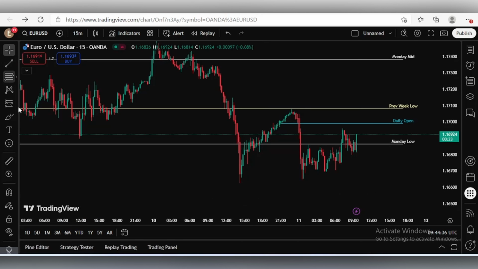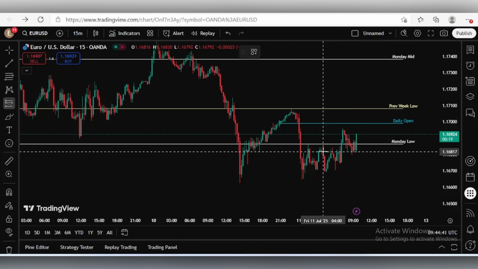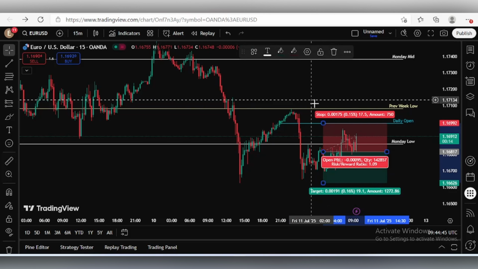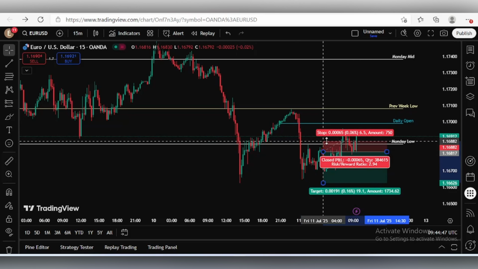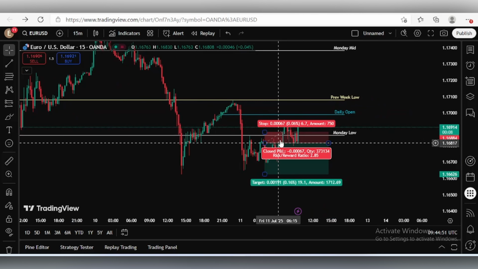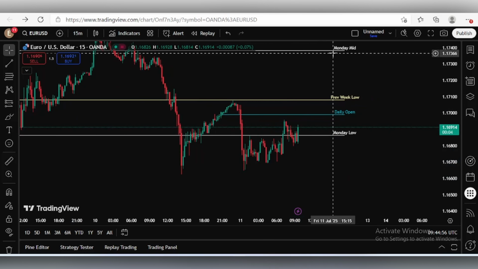Some people might say, since there's no actual take profit region, I'm just going to take my profit at the previous low, which is also meaningful. But at the end of the day, you see that you still lose money in this trade. So it doesn't really make sense.